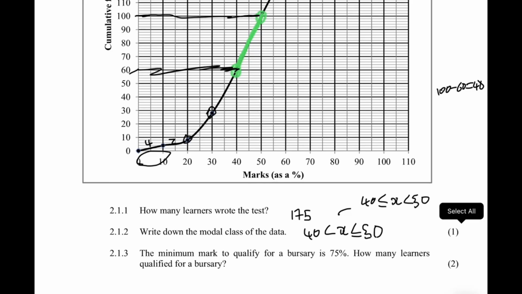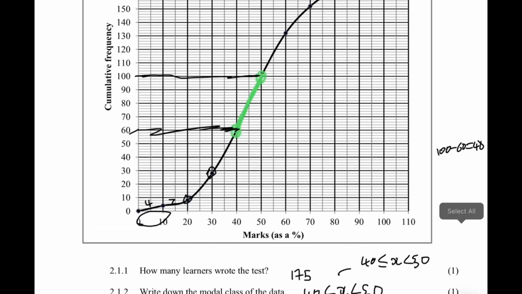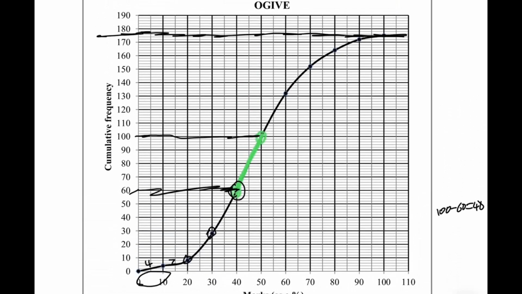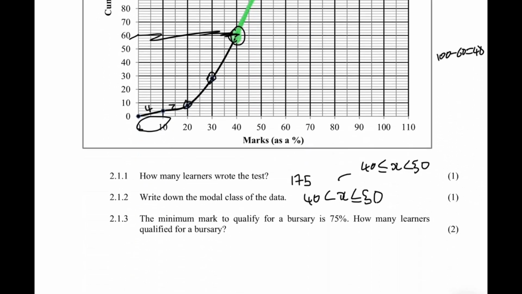So 40 to 50 is our modal class. Why are we saying it's our modal class? It has the highest frequency. How do we determine whether it has the highest frequency? We're subtracting the cumulative frequency from where it starts from the cumulative frequency where it ends.